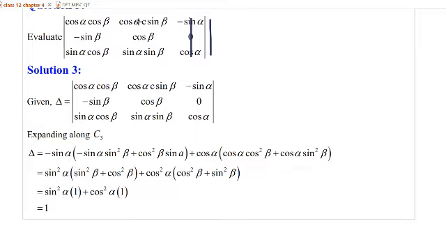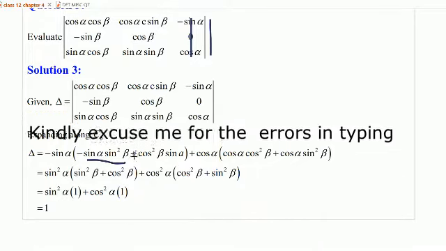On hiding this with row, we'll get minus sine beta into this. So it will become minus sine alpha sine square beta, as you can see here. And then cos beta into this will give you cos square beta sine alpha, negative cos square beta sine alpha. So this is negative.